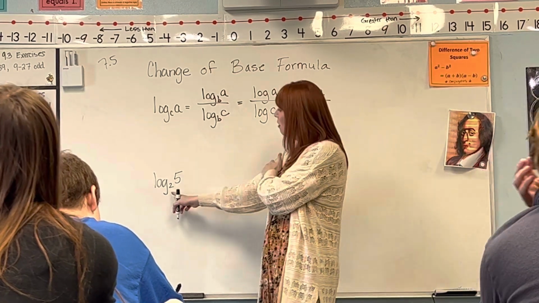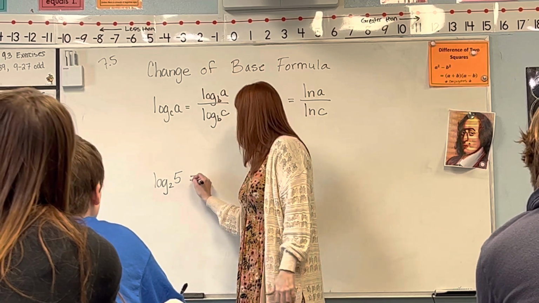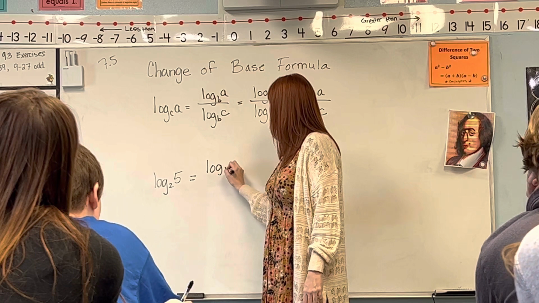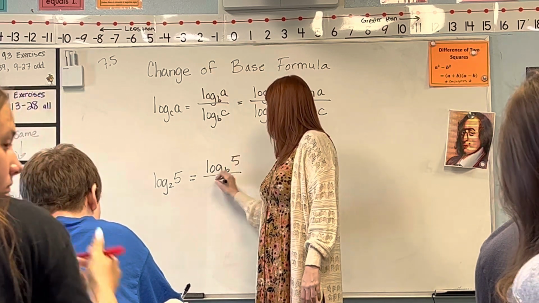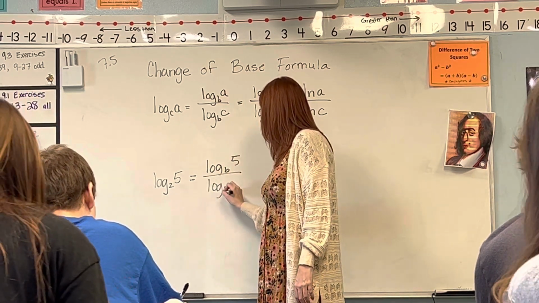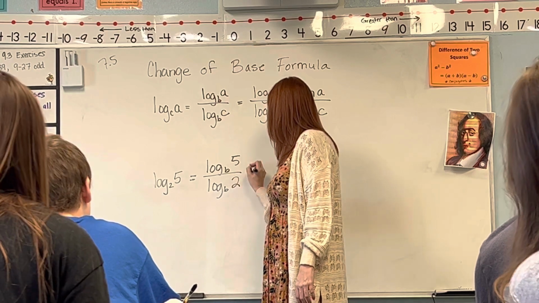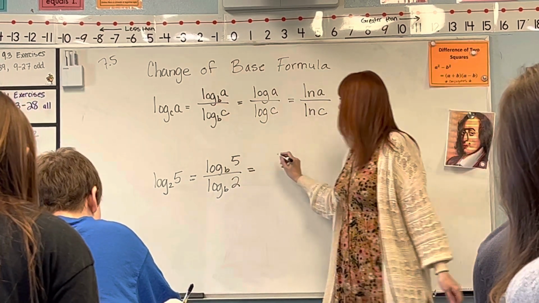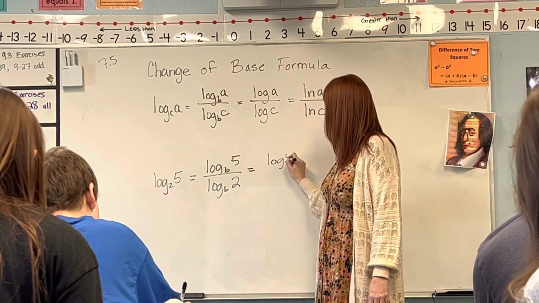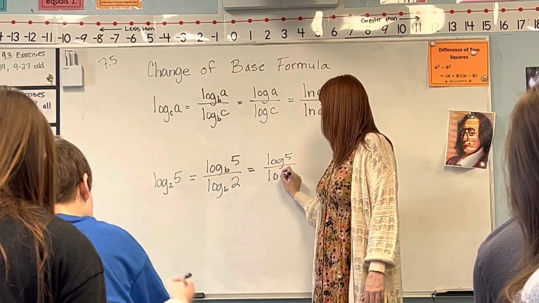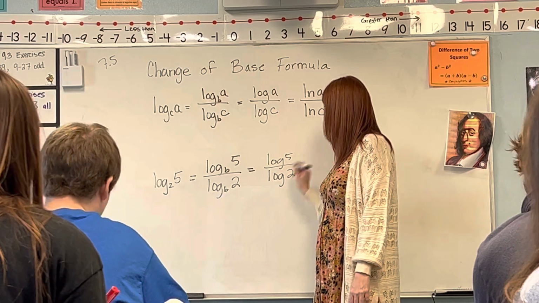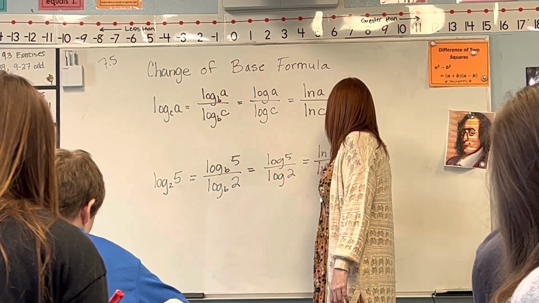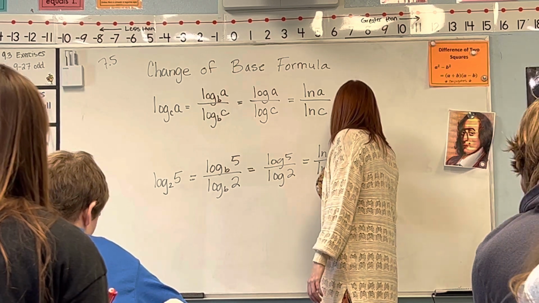So with numbers, this could be log with any base of 5 divided by log with any base of 2. But in your calculator, you could just push common log 5 divided by common log 2, and you'll get the same thing as if you did natural log 5 divided by natural log 2.